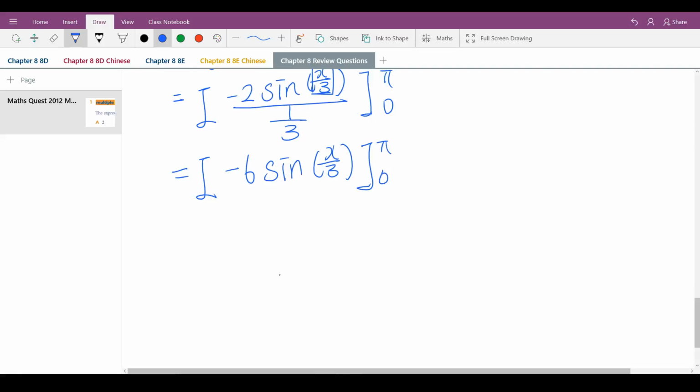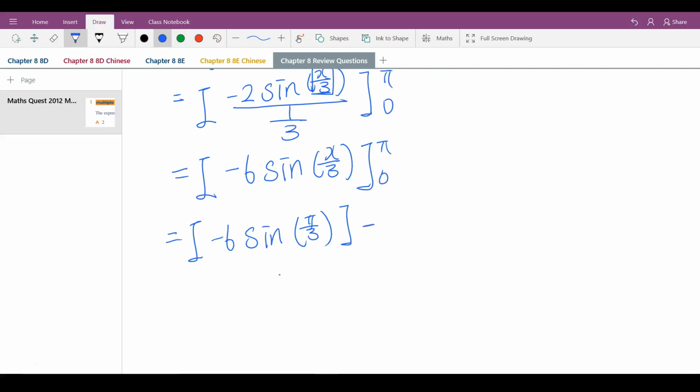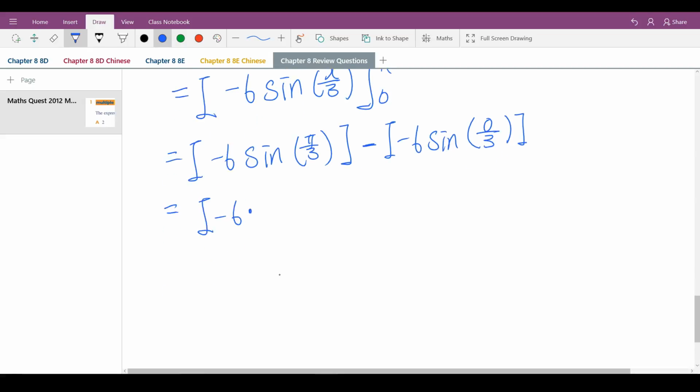Let's sub the numbers, sub the domain in. So -6 sine pi over 3 minus -6 sine 0 over 3. Right? Now, -6 times sine pi over 3.